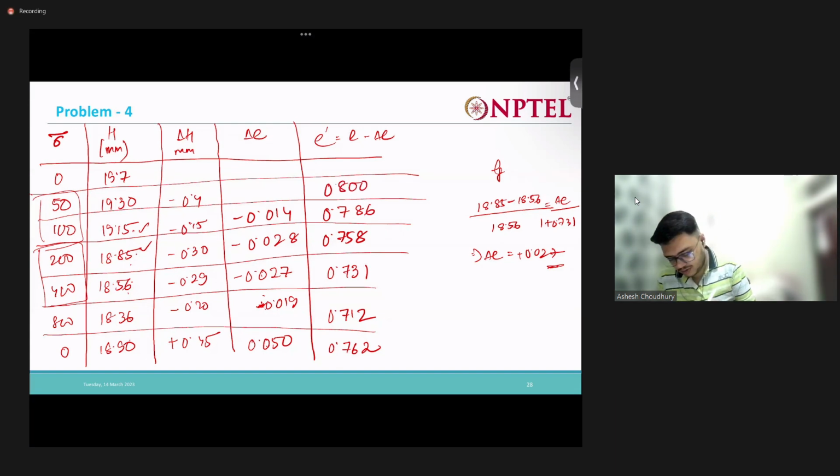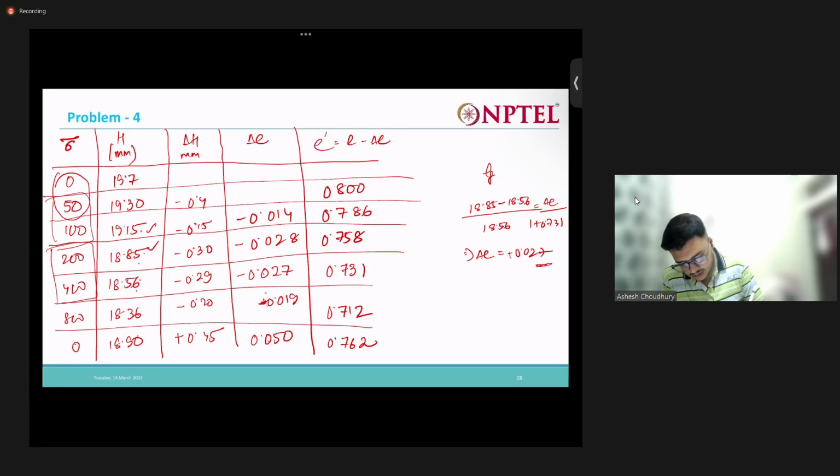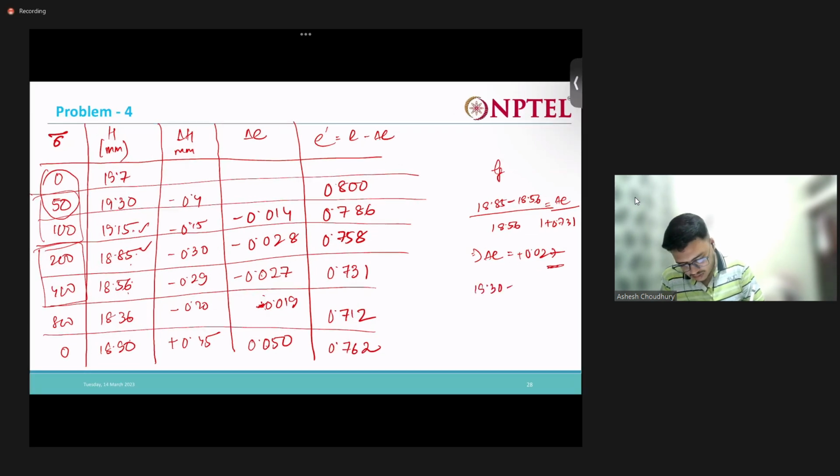Okay, now last, please do this one for these two, 0 and 50. Please tell me the delta e. Minus 0.03.